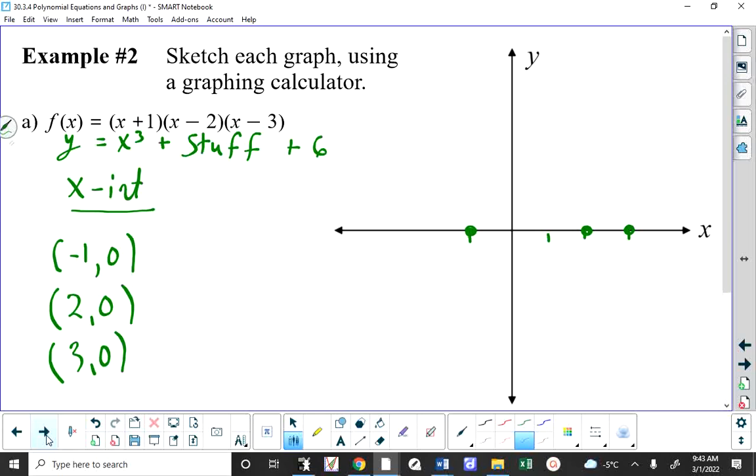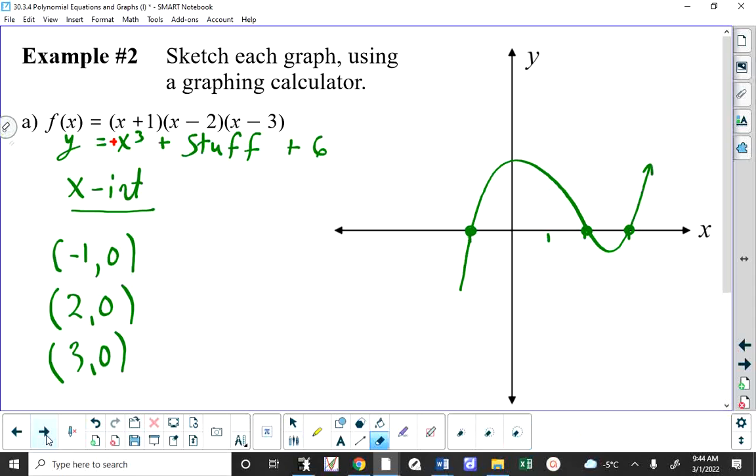So this is a degree 3 polynomial function with a positive leading coefficient, which means the right arm is up, and since it's an odd function, the left arm is down. There's only one way you can sketch that curve with these 3 x-intercepts, and it would be to come up through here, down through here, and then back up.